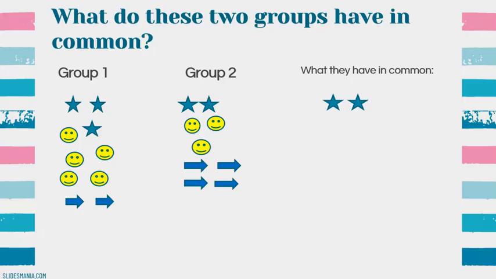I could not say they each have 3 stars, right? Because group 2 doesn't have 3 stars. They both have 3 smiley faces. I couldn't say any more than that because group 2 doesn't have more than 3 smiley faces. And then in terms of arrows, they both have 2 arrows. That's the GCF. That's the greatest thing that they all have in common.